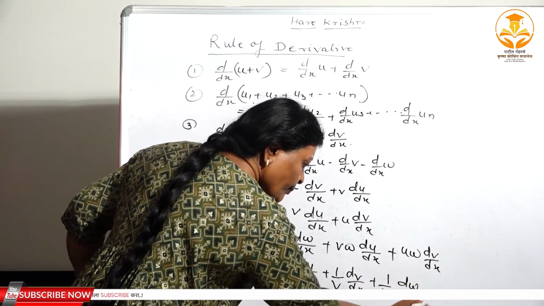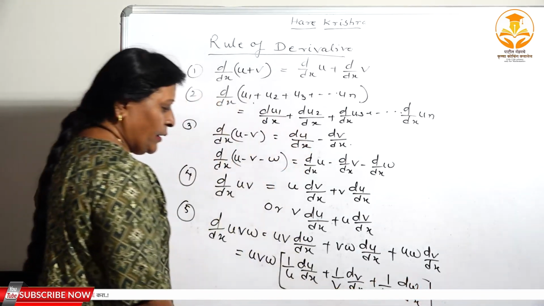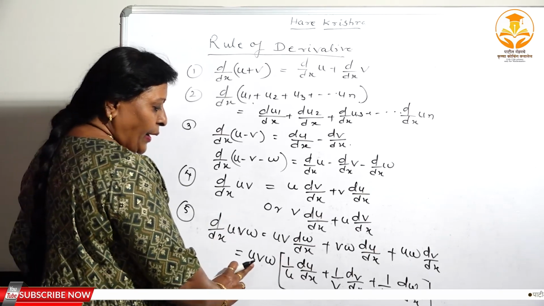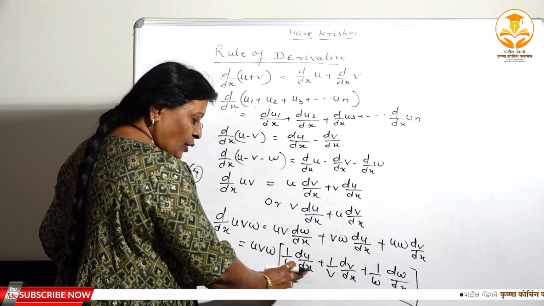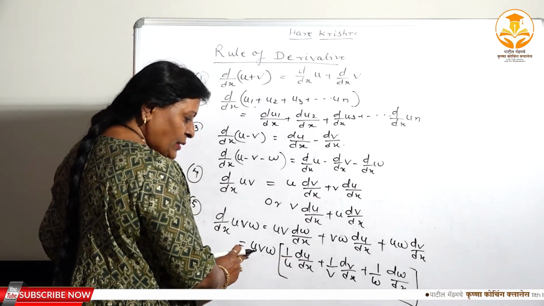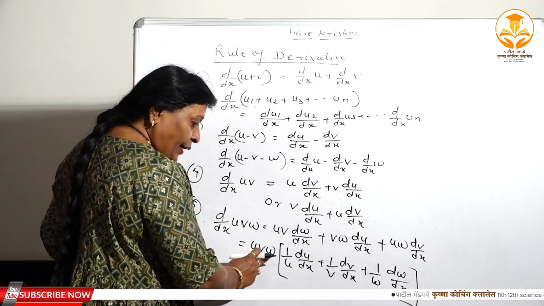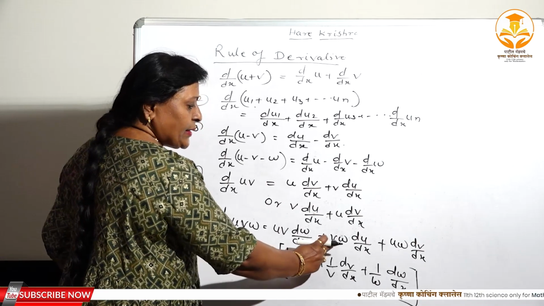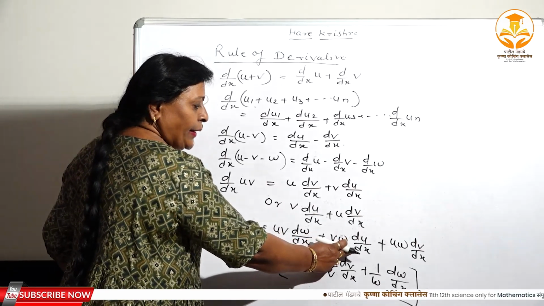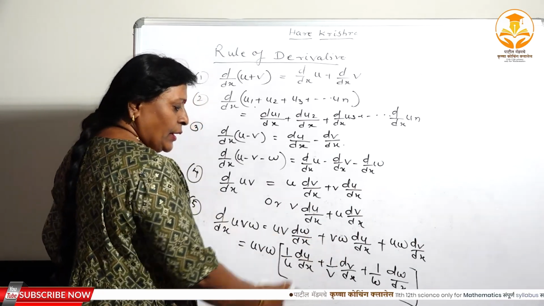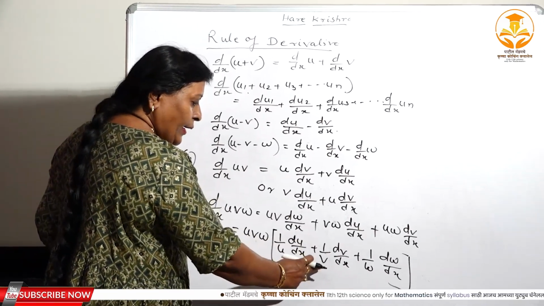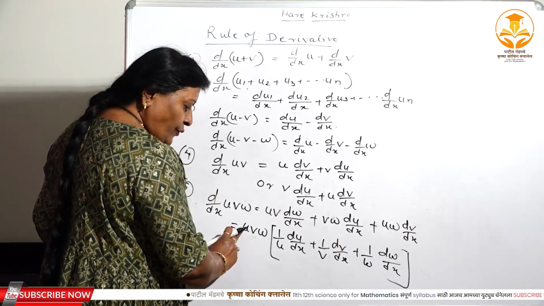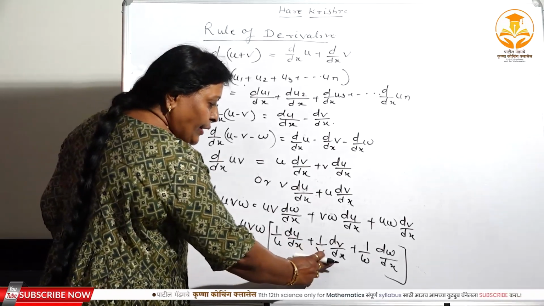Now if you observe this and multiply this uvw with this first term, you get cancel, you will get vw into du by dx. Here vw into du by dx, the middle term you have got. Suppose you multiply with uvw the 1 by v, v gets cancelled, again you will get uw into dv by dx.